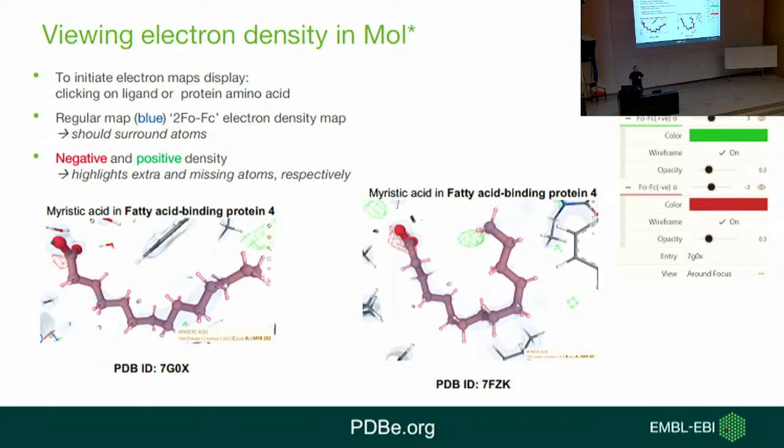The blue one is the map into which the model was fitted. The green and the red maps are the changes that don't agree with the model. The green ones mean that you have some additional electron density for which there is no model, and the red ones mean that you are modeling something for which you don't have the data.